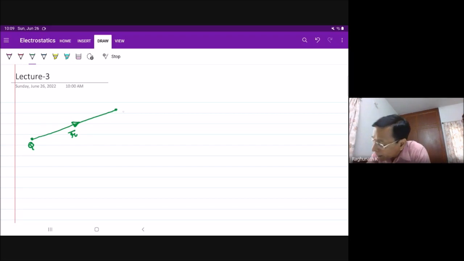The electric field intensity vector E bar at that point is Q by 4 pi epsilon mod R bar whole cubed into R bar, is what we saw. This is the electric field intensity at the point of observation P due to a charge Q.